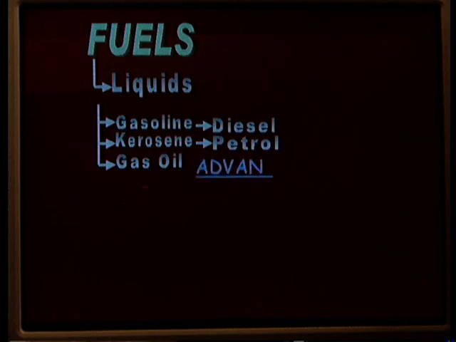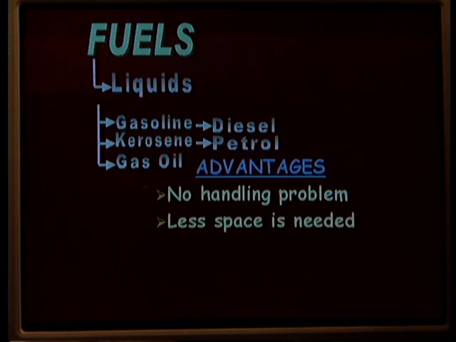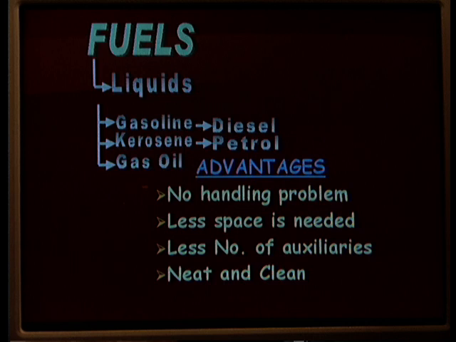Now, let us see some of the advantages of these: there is no handling problem, less space is needed, less number of auxiliaries and neat and clean. These are the advantages that we get compared to that of the solid fuels. As in solid fuels, the system is not clean, pollution is very much there, whereas here the system is clean and handling of fuel is not a problem.